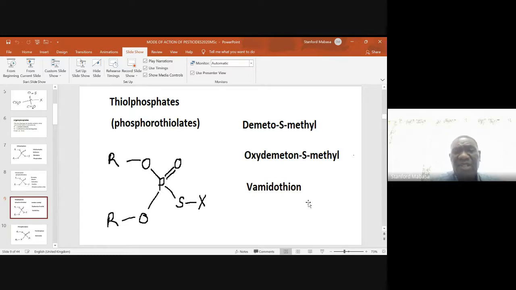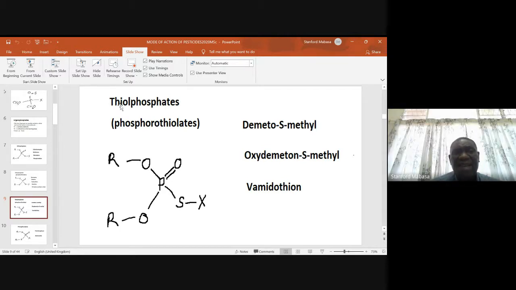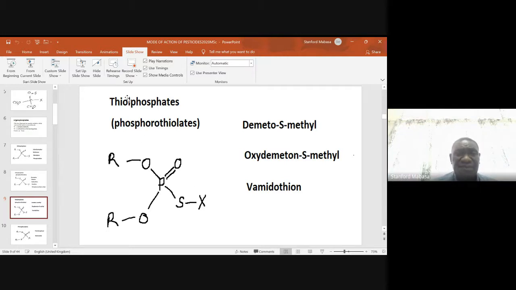Then sometimes you have a sulfur at this base. This is now a thiol phosphate. Thiol representing sulfur, or phosphorothiolates.